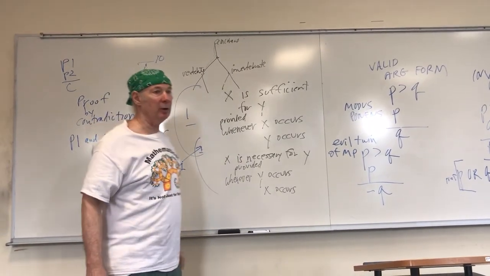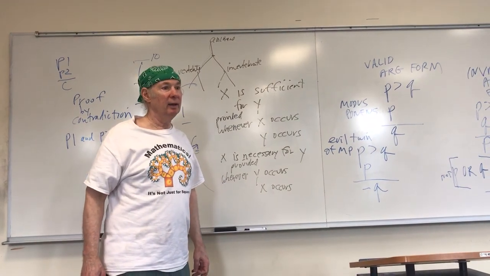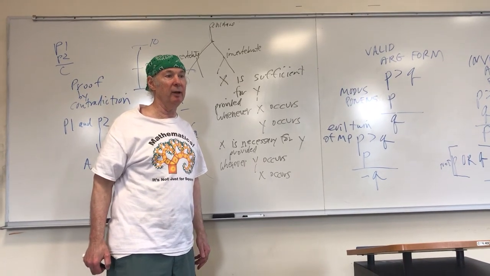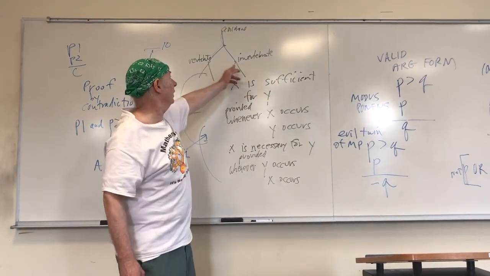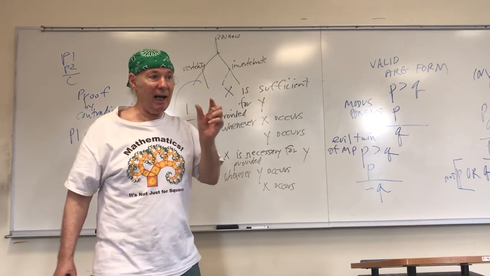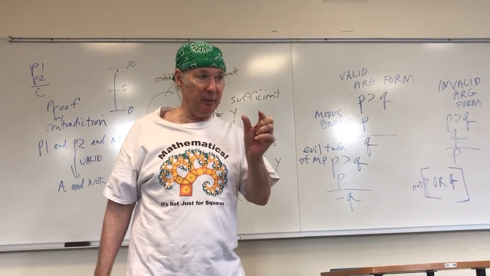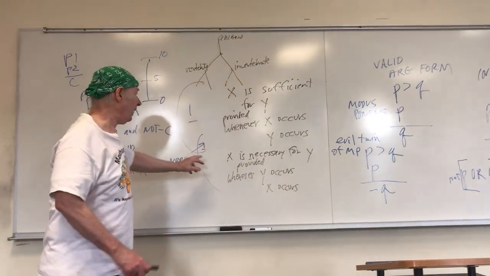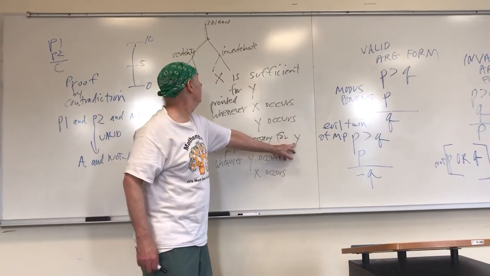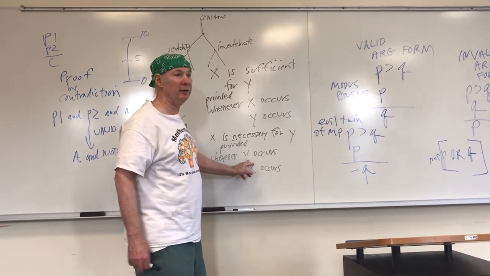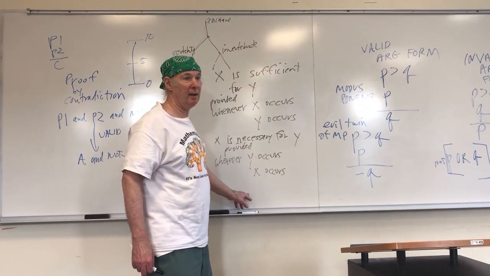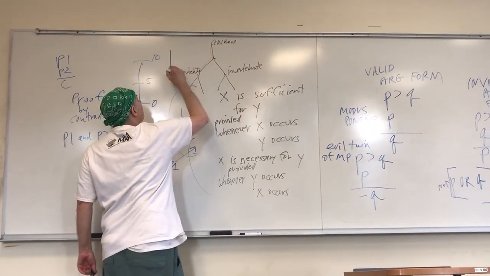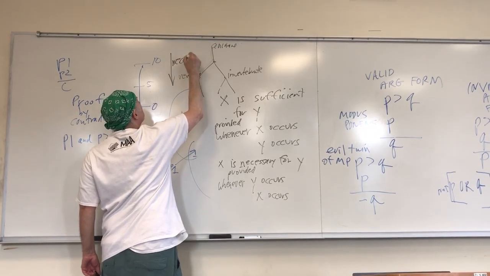If you are an animal, are you a vertebrate? Is being an animal sufficient for being a vertebrate? No, because you could be either a vertebrate or an invertebrate. So being an animal is not sufficient for being a vertebrate. Is it necessary? Yes. Being an animal is necessary for being a vertebrate, because wherever I have a vertebrate, I have an animal. So necessary runs down.